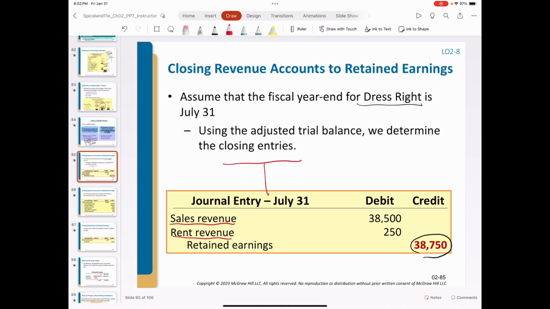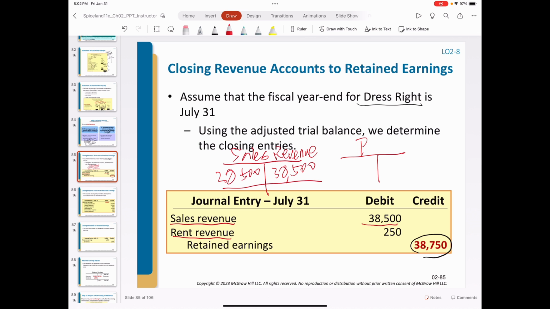In the T accounts, the sales revenue had a $38,500 credit balance. After this journal entry, we debit this account. Its balance becomes 0, right? Because for this T account, debit equals credit.